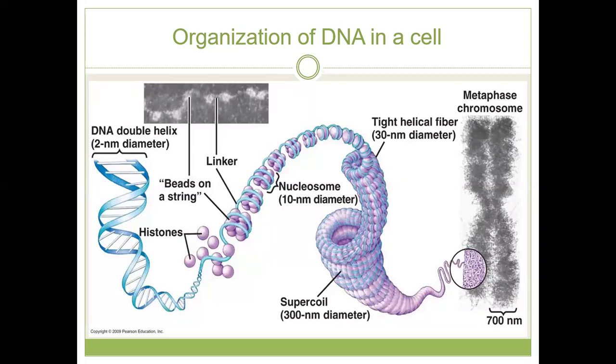When you have this, the length of the double helical structure is about 2 meters. Now just imagine how you pack something that is 2 meters long into something very small like a cell, a cell that you cannot even see without a microscope.